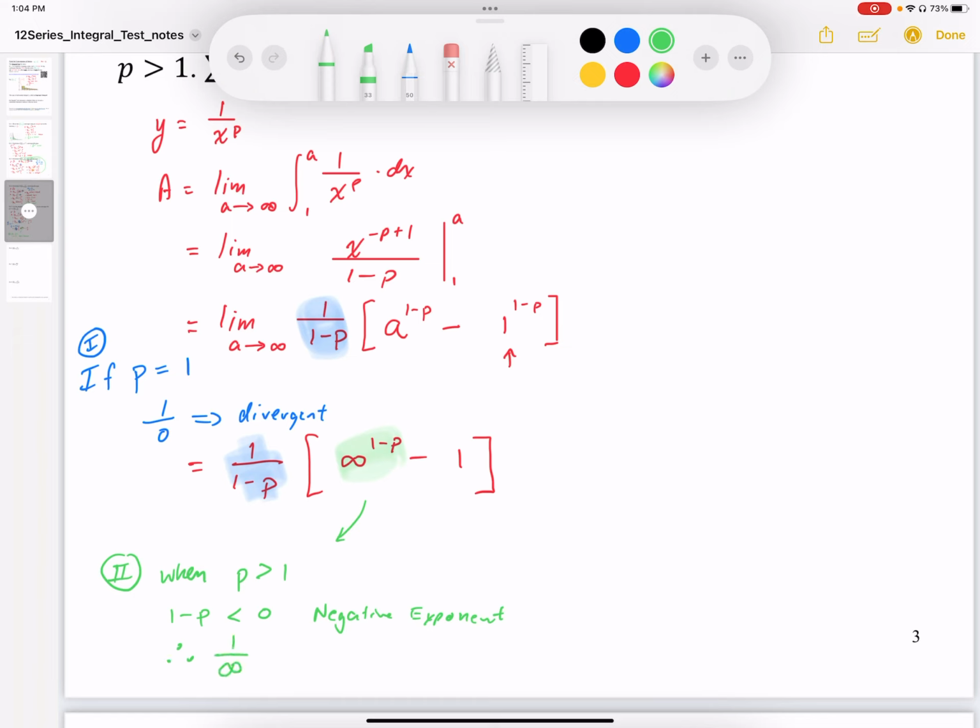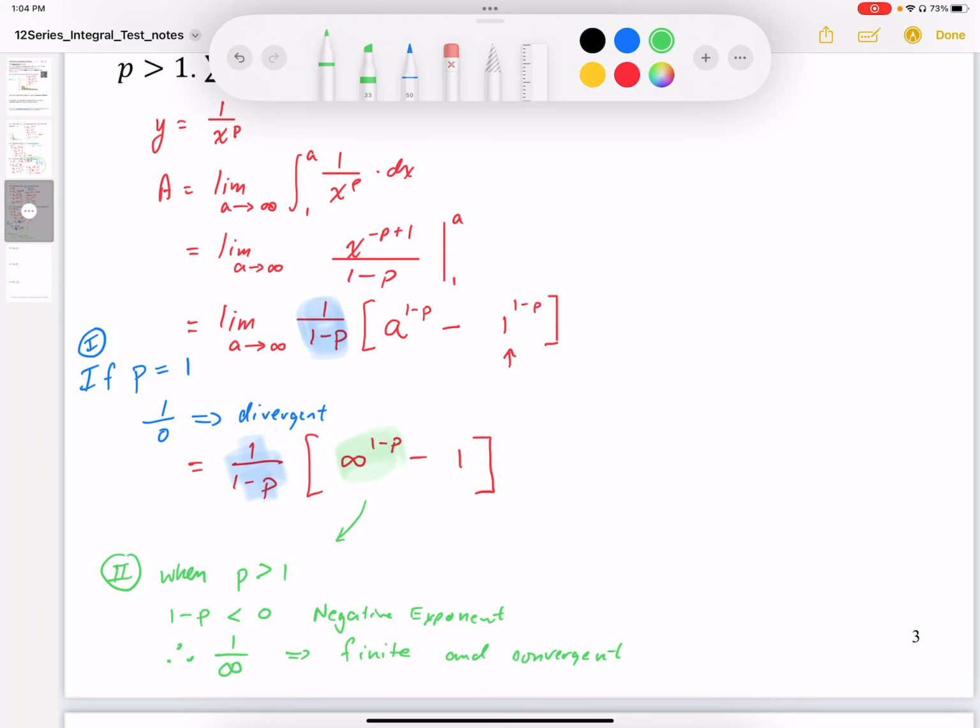So that means it is finite and convergent. This is what we've known from the p-series test: if p is bigger than 1, the p-series converges.